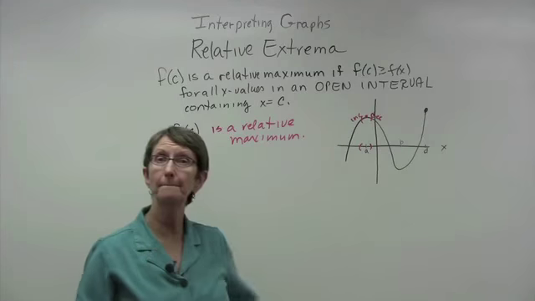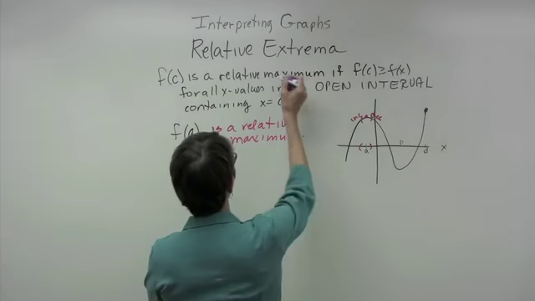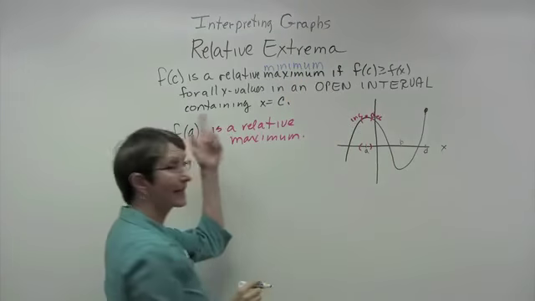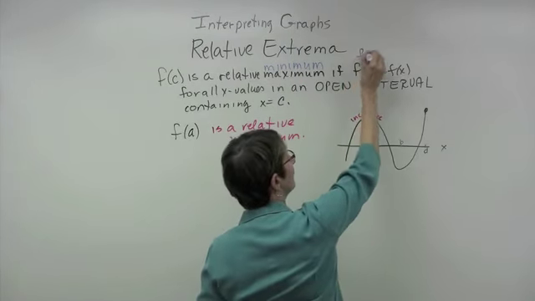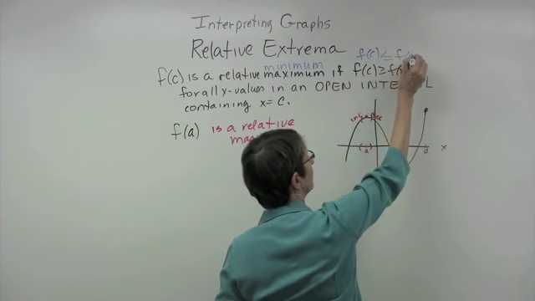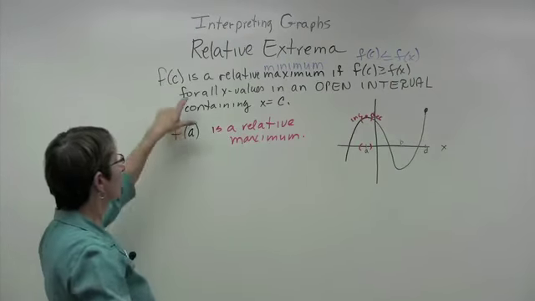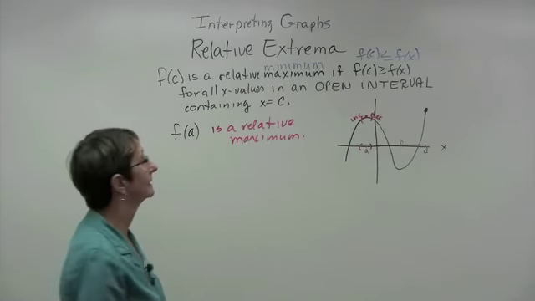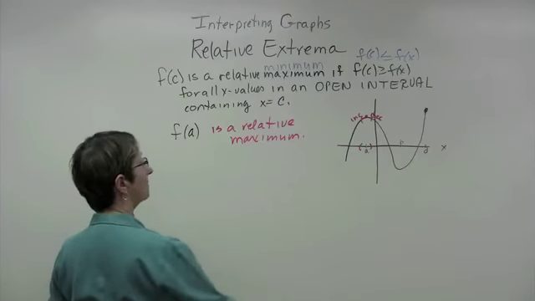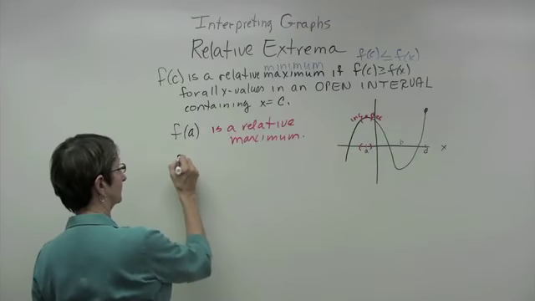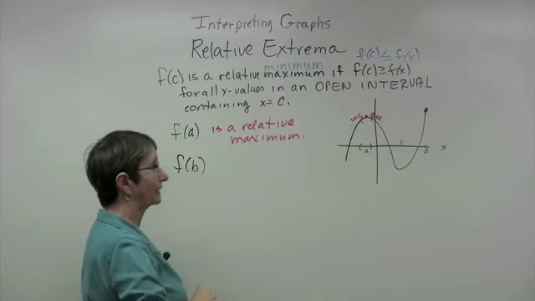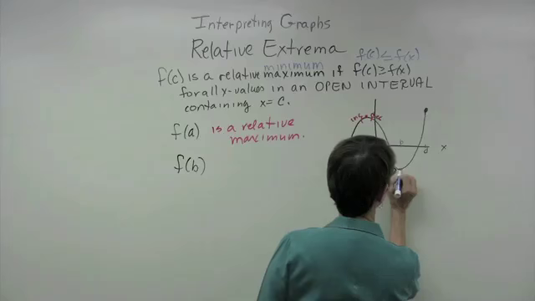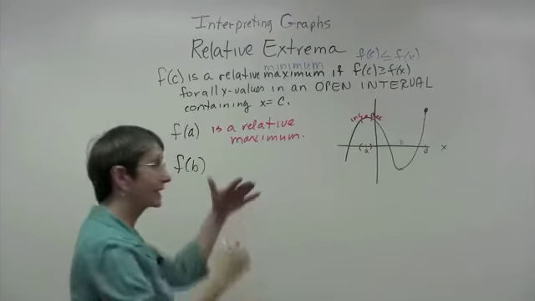How about a relative minimum? A relative minimum is that f of c is less than or equal to f of x for all x values in an open interval containing x equal to c. So let's think about f of b. Well, when we look at x equal to b and we go to the point at b, that is a low point.